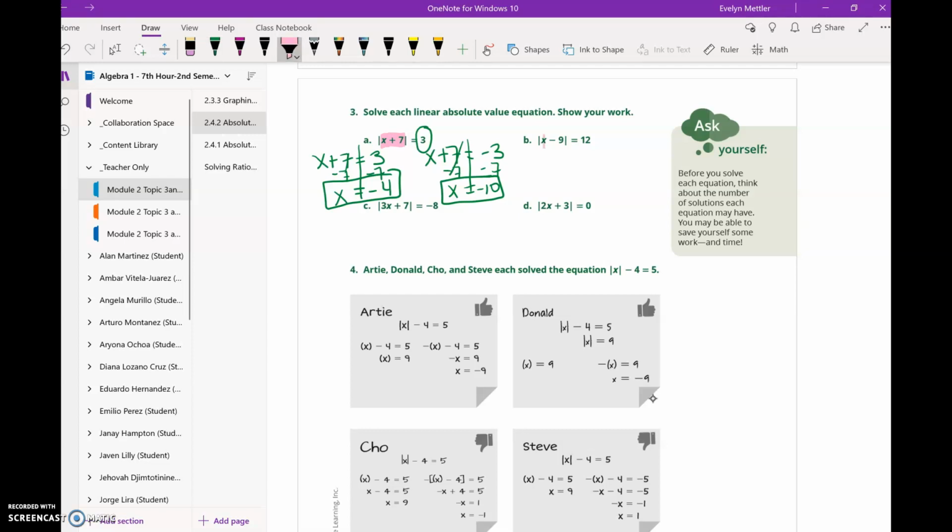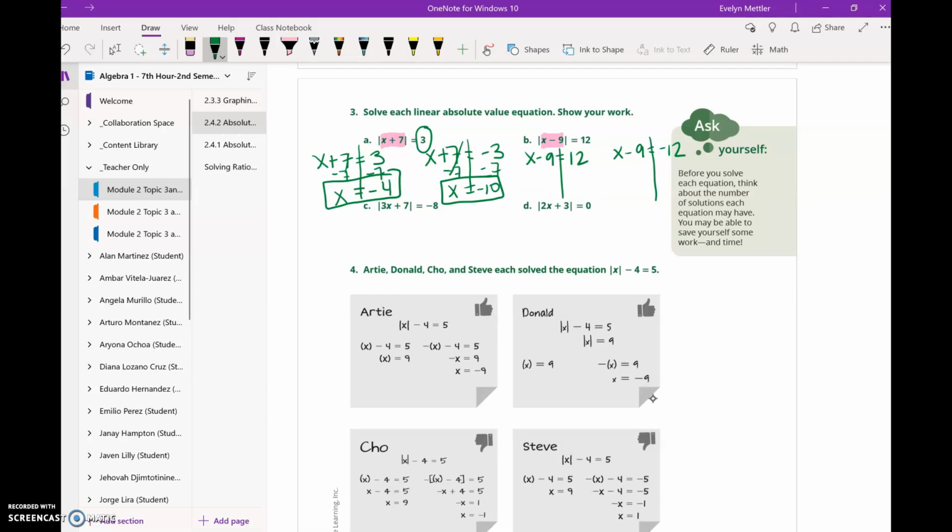So what I'm saying in this next one is x, a number, minus 9, is 12 away from 0. And we don't know if it's 12 to the left or 12 to the right. So we have to find both. Okay, we have to find both. So we're going to set it equal to positive 12 and negative 12.